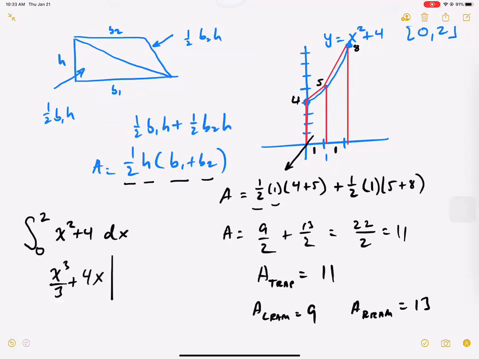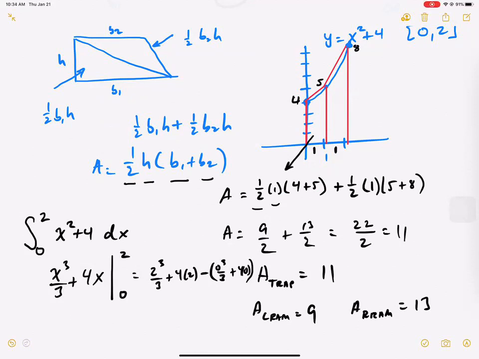And then I'm going to draw my bar between 0 and 2. We're going to plug in our 2 and 0. We're going to end up with 2 cubed over 3 plus 4 times 2 minus 0 cubed over 3 plus 4 times 0. In this case, I don't have to write the 0, but I'm just writing it so you guys can see that I actually use both numbers.